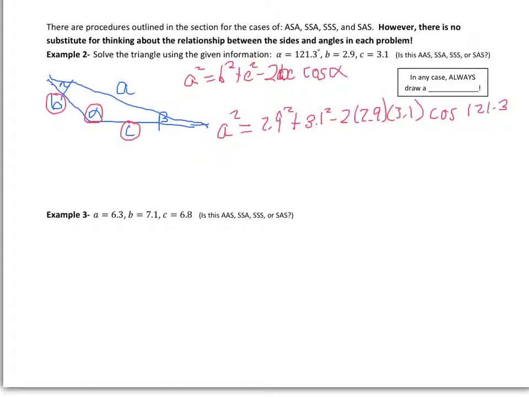Make sure you're in degree mode. The way that I do this so I don't mess it up is I calculate this product part first, get an actual number for that, then finding this sum is pretty simple, and then you take the difference of them.